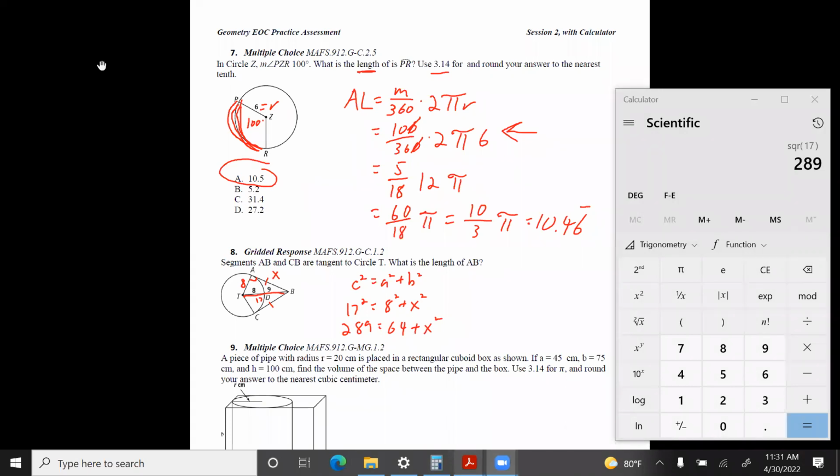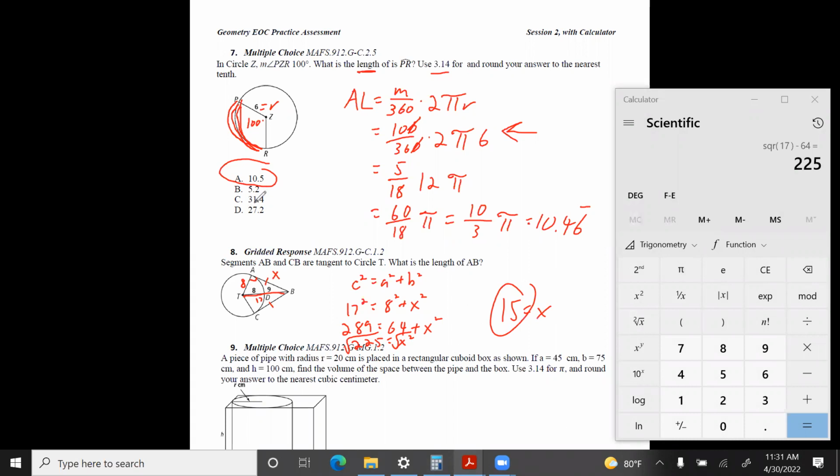We're going to subtract the 64. So minus 64. That leaves us with 225 for X squared, and then we'd square root it. Square root of 225, that's going to be 15. And that'll end up being our answer.